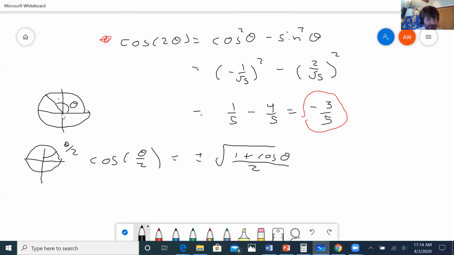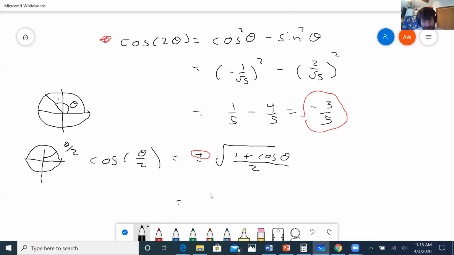So where 2 theta actually stuck me over here in this quadrant, half of theta sticks me over here. I didn't really have to worry about it in this one because I didn't have the plus or minusness. It just, at the end, I got negative and I noticed that it was okay. But here, I do have to pay attention because there's plus or minus, that I would be here in quadrant 1, which is going to mean I'm going to take the positive value here.